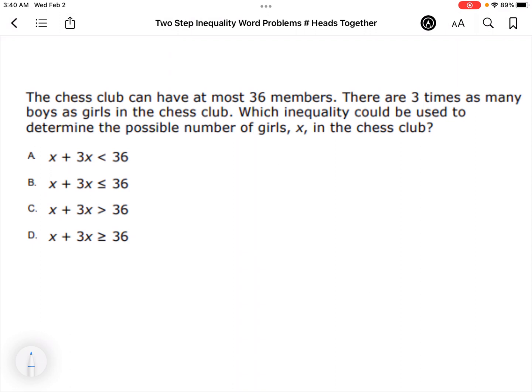The chess club can have at most 36 members. So the most members it can have is 36. It can be equal to 36, but the most members it can have is 36. There are 3 times as many boys as girls in the chess club.